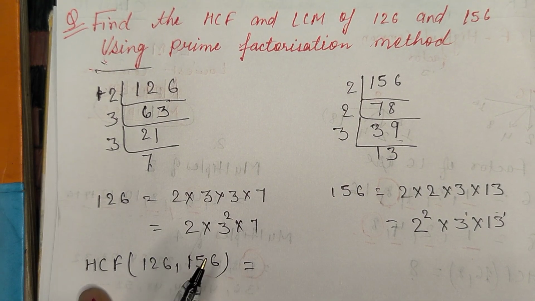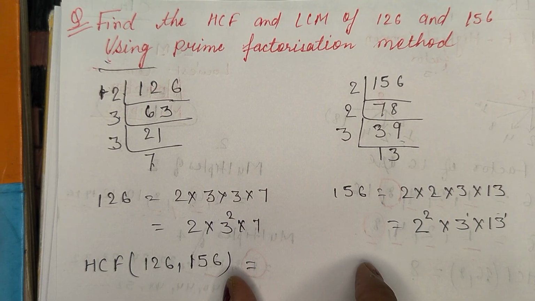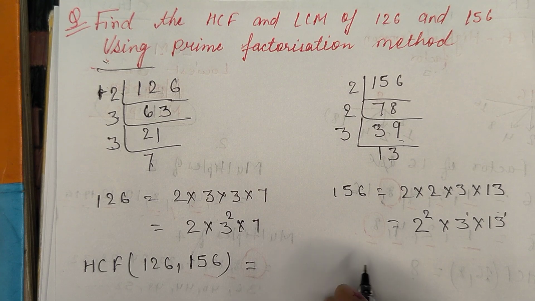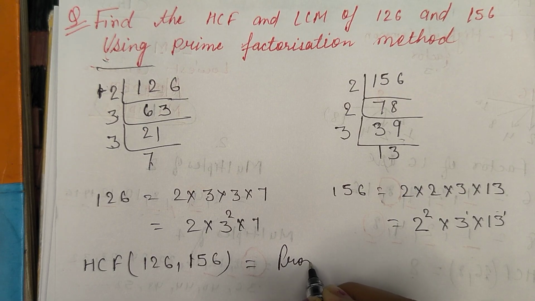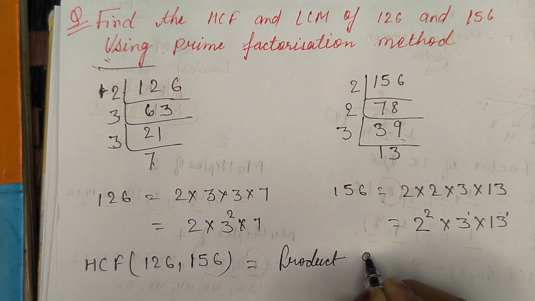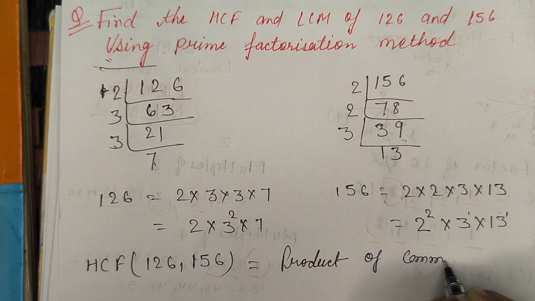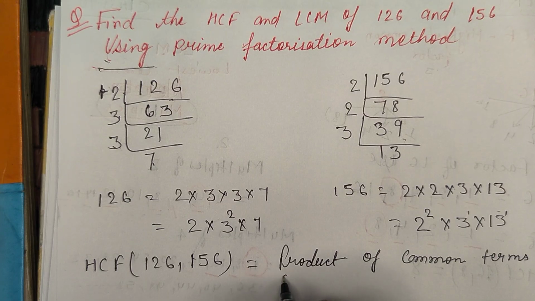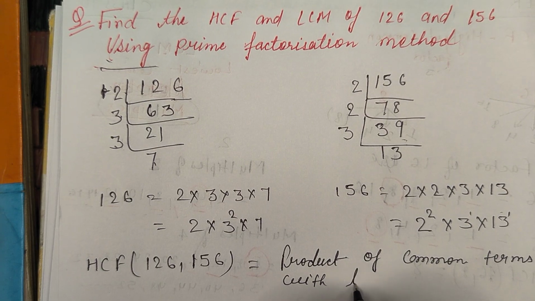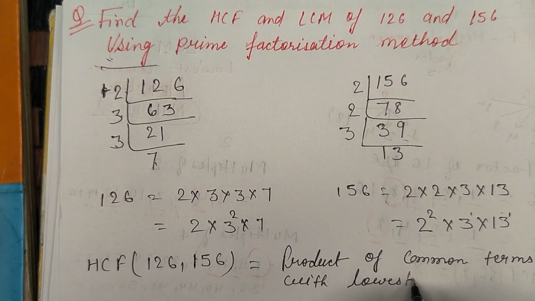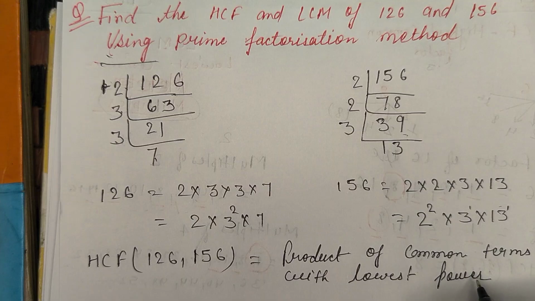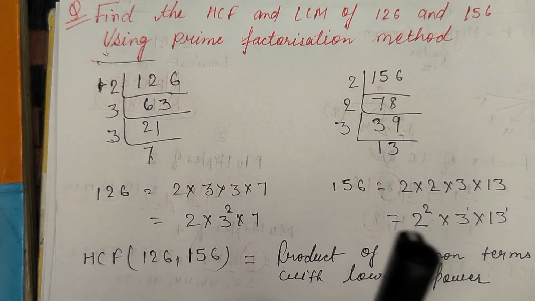The rule of HCF for any two numbers is: product of common terms with lowest power. Lowest power. The first word is mentioned.